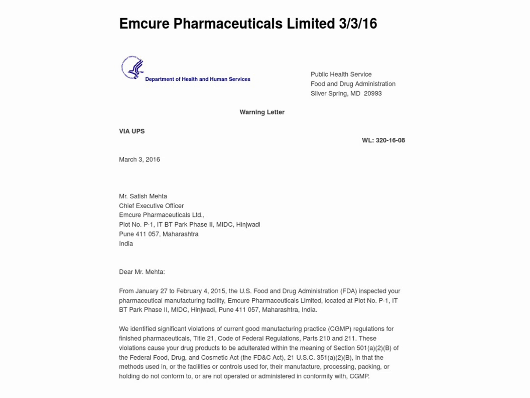So Title 21 Code of Federal Regulations, Parts 210 and 211, again, are the sections that have these regulations. These violations cause your drug products to be adulterated within the meaning of Section 501(a)(2)(B) of the Federal Food, Drug, and Cosmetic Act. So these are warning letters that companies may receive from FDA. And of course, they are published and publicly available on the FDA website.